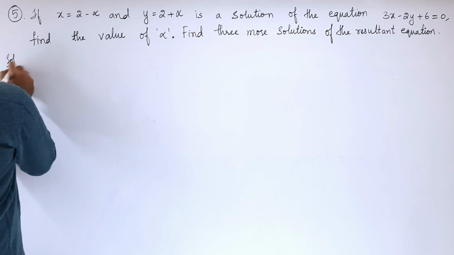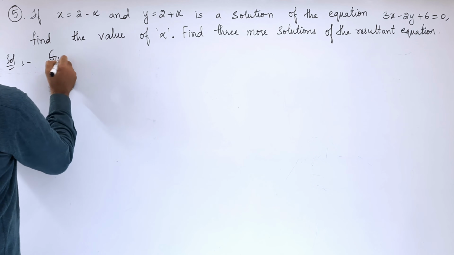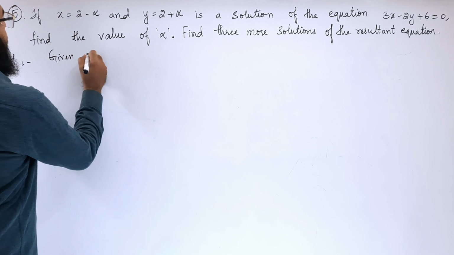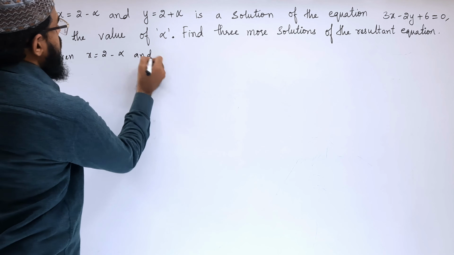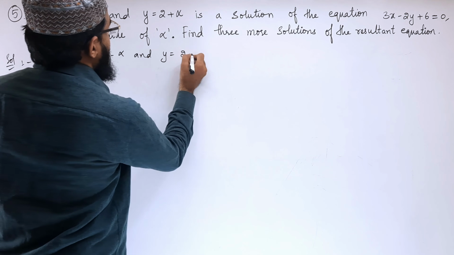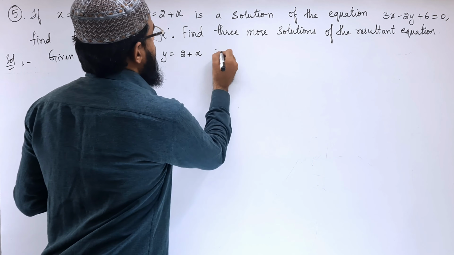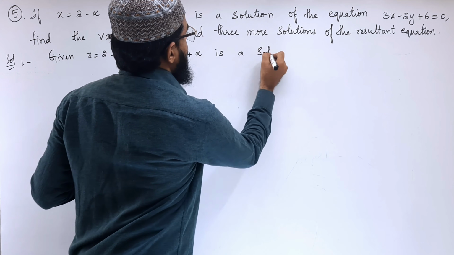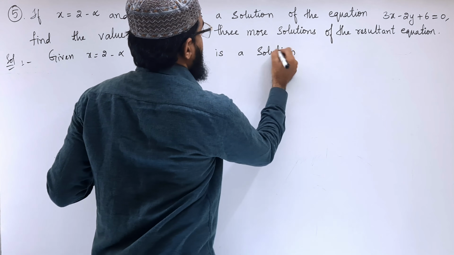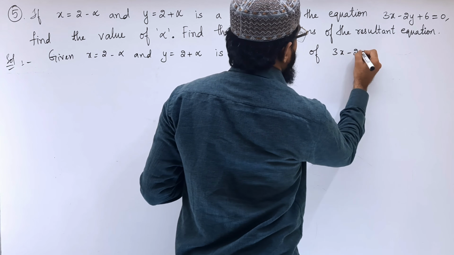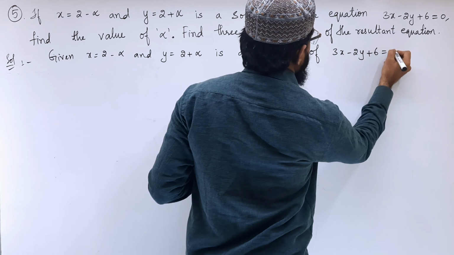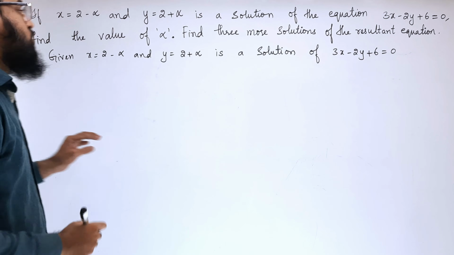In solution, let us write what is given. So given x is equals to 2 minus alpha and y is equals to 2 plus alpha is a solution of 3x minus 2y plus 6 is equals to 0.